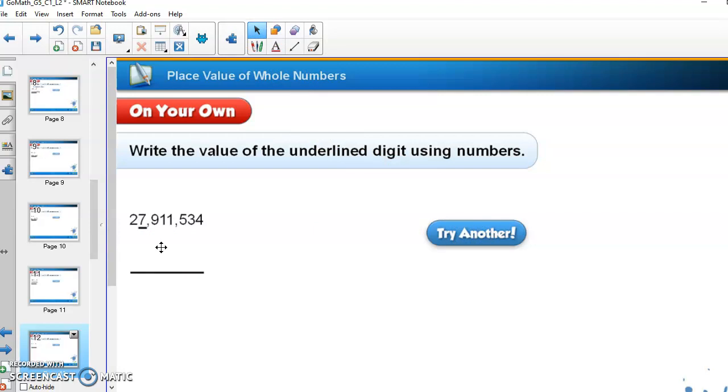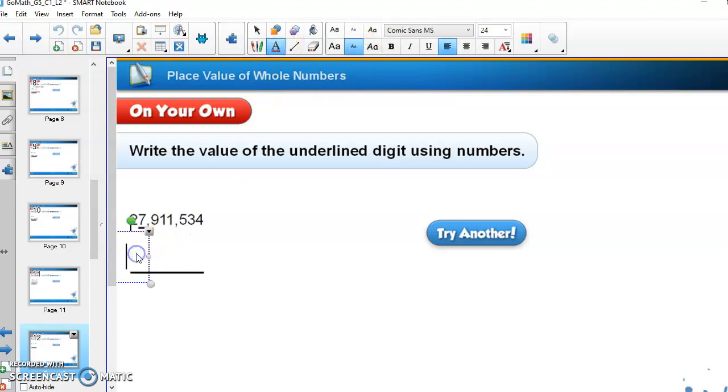If you get the hang of it, you don't need to continue listening, but you will want to listen for the change of directions on page 15 when I go over number 13 here in just a moment. All right, so the 7 is in the millions place value, so it has a value of 7 million. And that looks like 7 million. Zeros in the thousands period, zeros in the ones period. So 7 million. All right, so there we had a lot of examples.